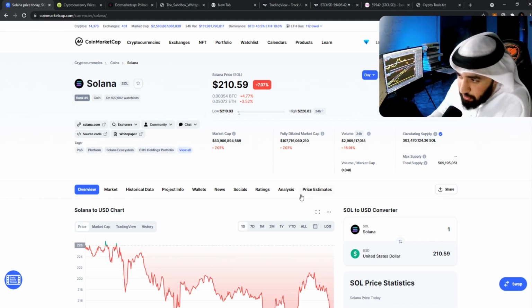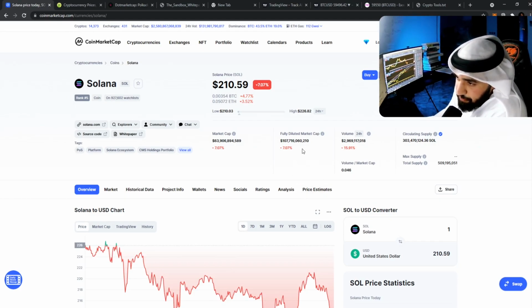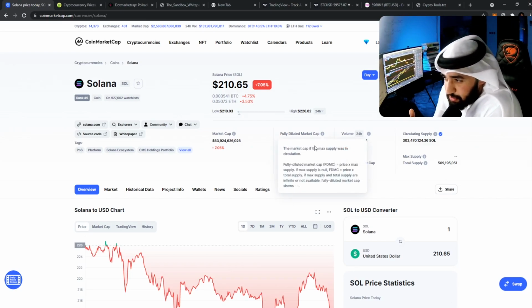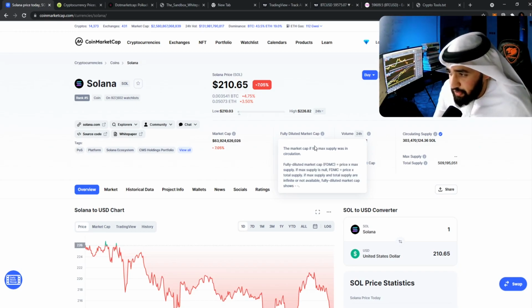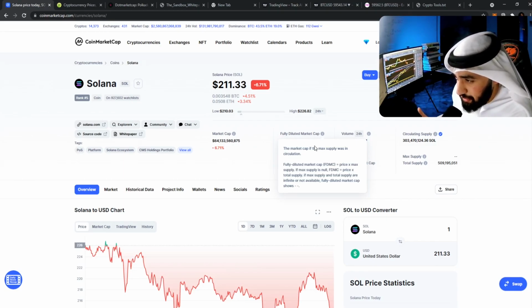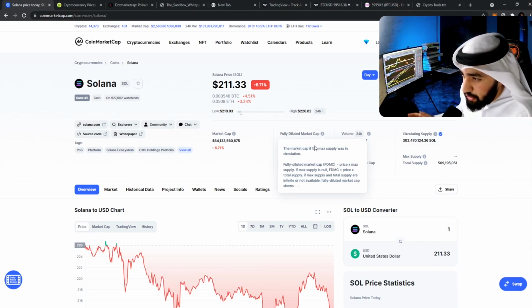What's bad to see on a fundamental basis is if the market cap and the fully diluted market cap have a very big difference, for example, this is usually higher than this. If the difference is very big, that should raise a question mark, because what that means in practical terms is that some coins have vesting schedules based on their tokenomics and how their business model works. What that means is that there are some coins that are locked.